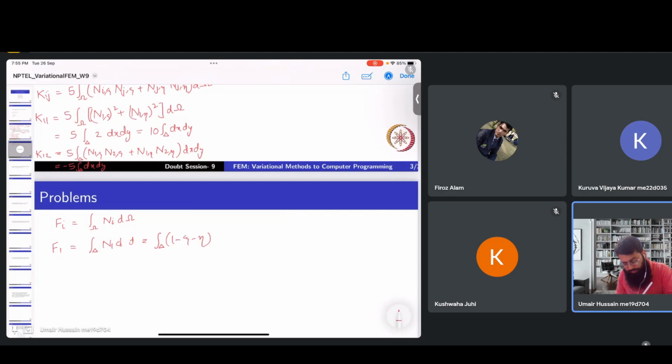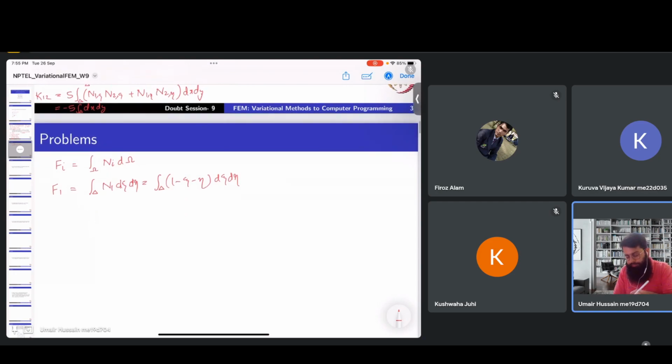Before also. Anyway, we can just write 1 minus eta minus zeta, or 1 minus x minus y. It's one and the same thing. We'll not evaluate this directly, but we can find this, right?